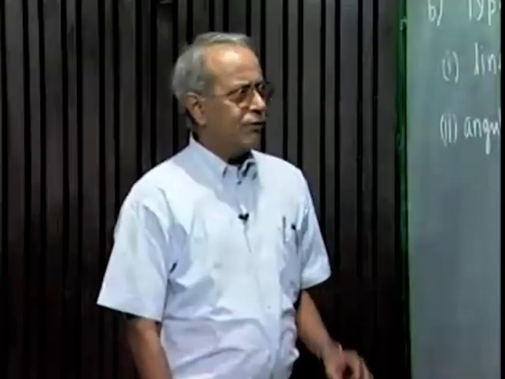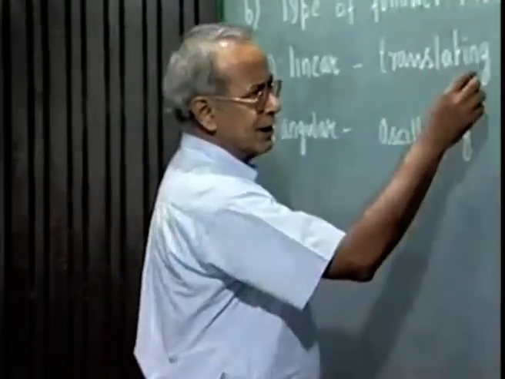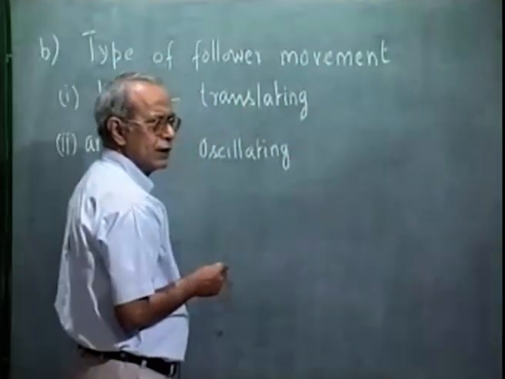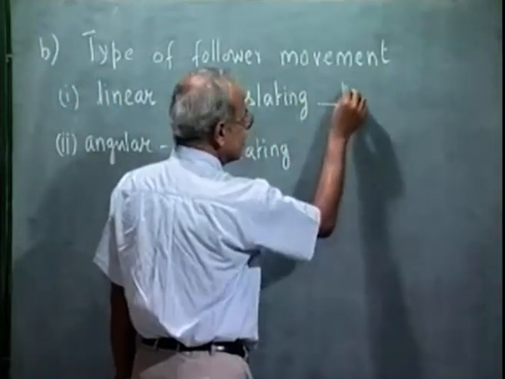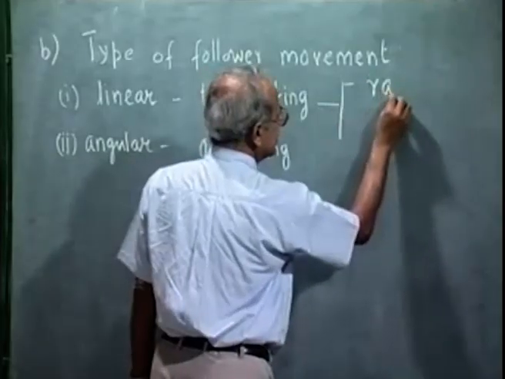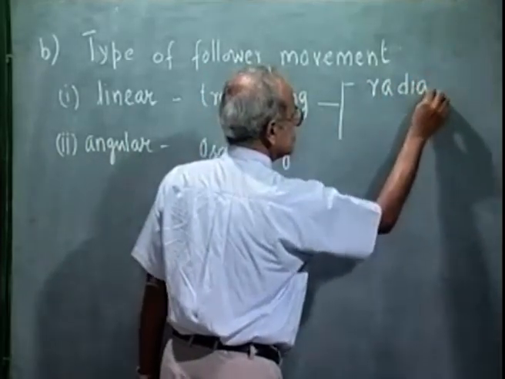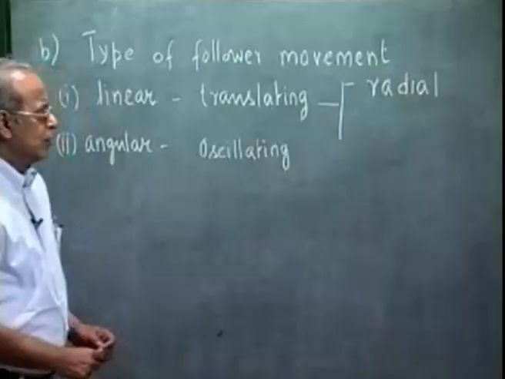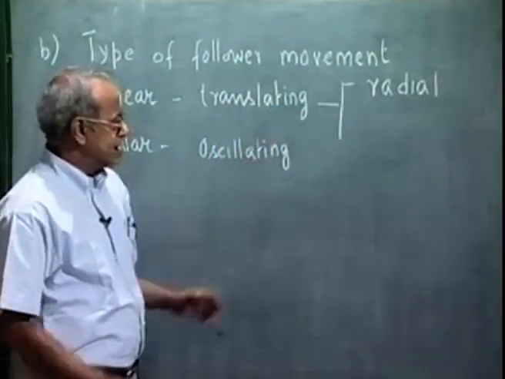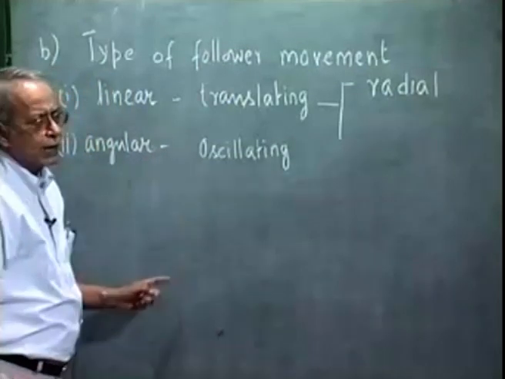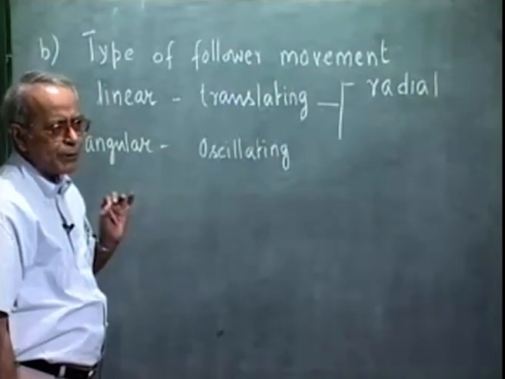Now, for the translating follower, if the axis of translation, that is the axis of that prismatic pair, passes through the cam center, then we call it a radially translating follower.